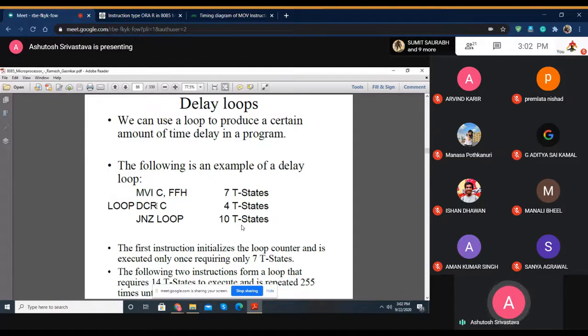And this DCR will take another delay of 4 T states. In the third statement, you have JNZ, which is jumping back to the same loop if the zero flag is not set.